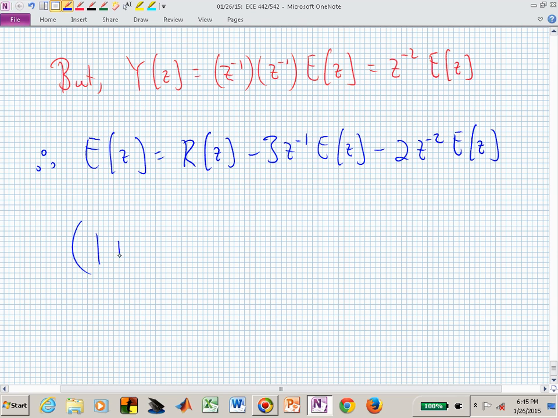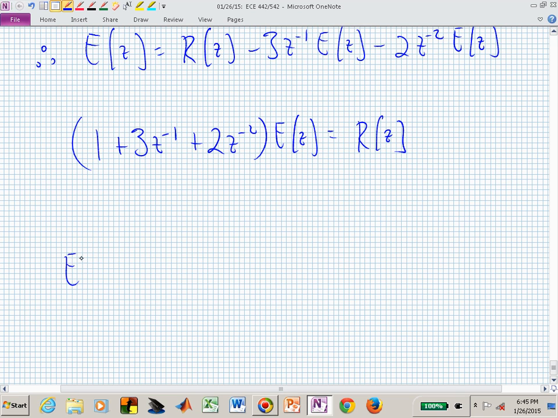I have 1 plus 3z to the minus 1 plus 2z to the minus 2, times e of z, is equal to r of z. And I now have an expression for e of z in terms of delay blocks. That's 1 over 1 plus 3z to the minus 1 plus 2z to the minus 2, times r of z.